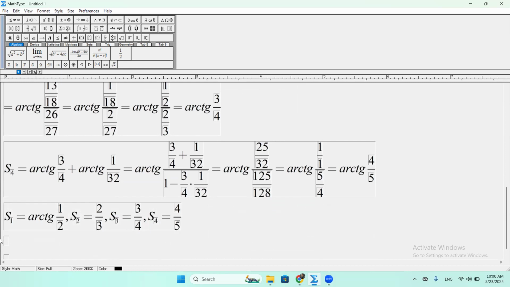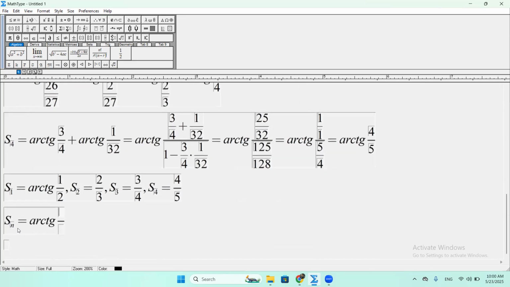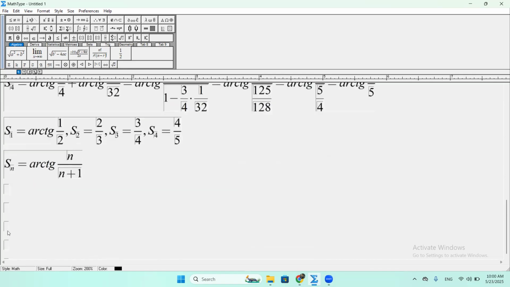Yeah. So, okay, what about the nth term of the series? Let us suppose that it will be equal to arctangent of n over n plus 1. But we also need to prove it.